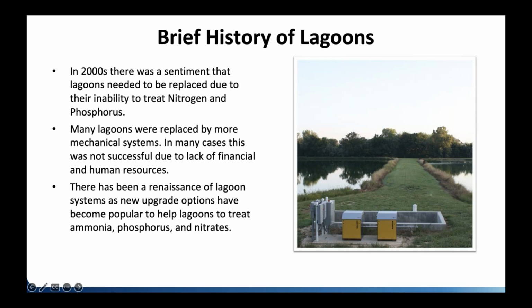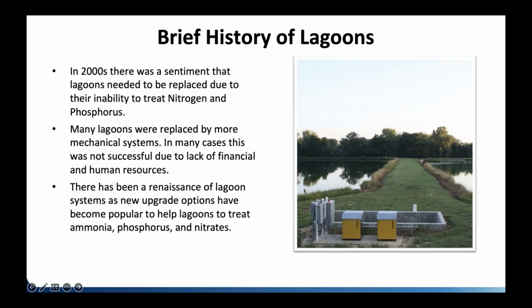In the 2000s, there was a general perception going around that lagoons were outdated technology, that they couldn't treat the new nutrients that were starting to put limitations on wastewater treatment facilities, and that honestly they needed to be replaced by more mechanical systems that could meet the requirements of today.